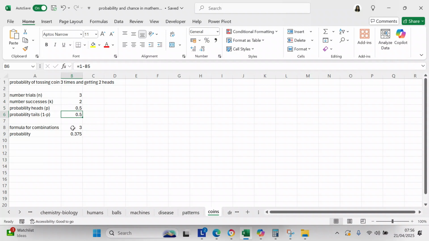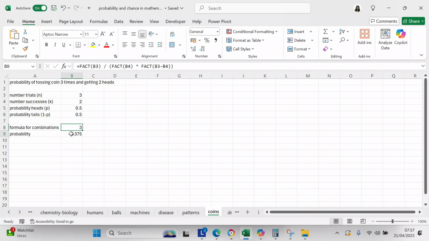So the formula for combinations is factorial B3 divided by factorial B4 times factorial B3 minus B4.